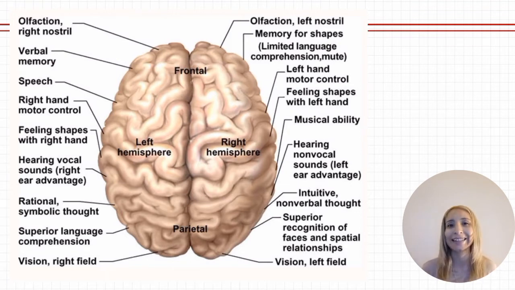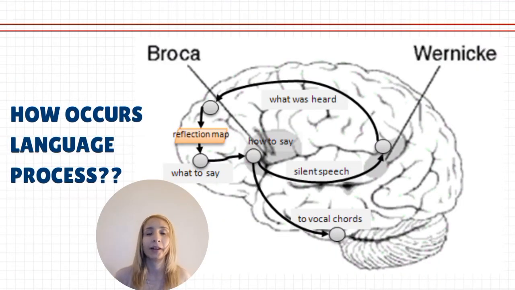So we can describe the language process. How does the language process occur? Well, first, in this picture, we can see the Broca area on the left and the Wernicke area on the right.